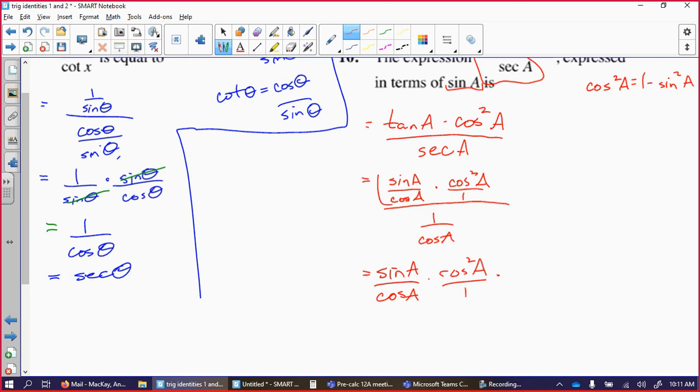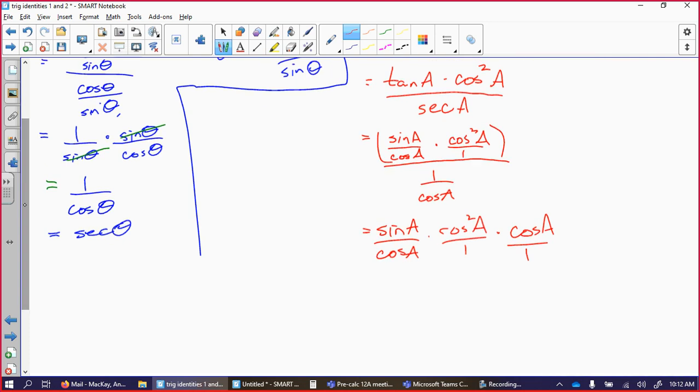So I've left this numerator, and then I want to change that to multiply by the reciprocal. Well, this is going to be interesting. Those are going to go away. So now we have, well, I'm going to have to use that sine A, unless I've totally messed something up.